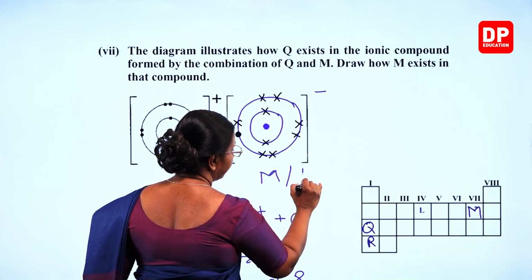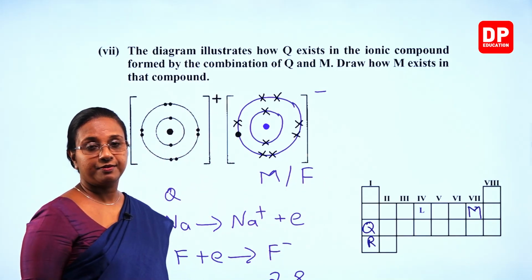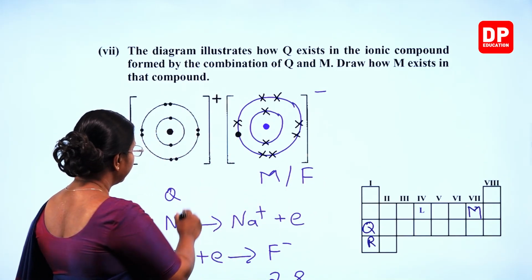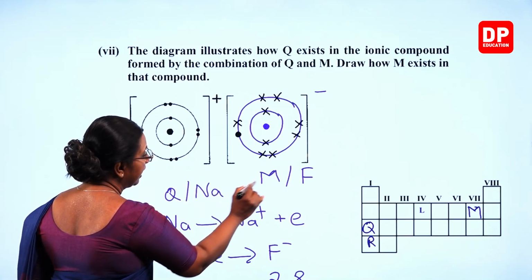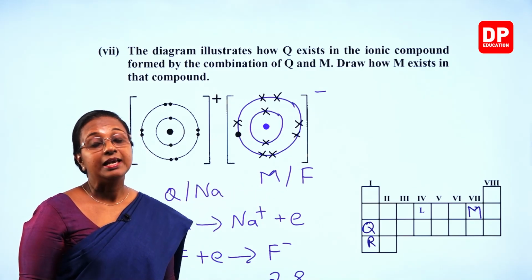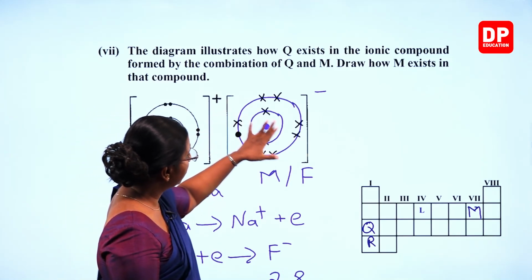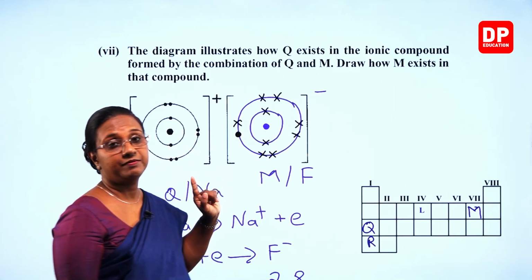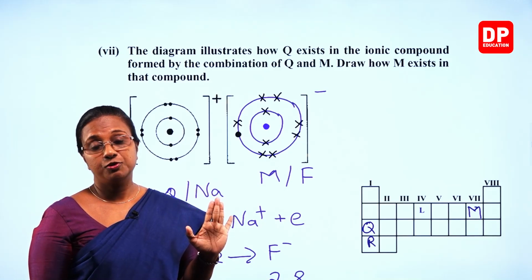So this you can even show as fluorine, F, because we already know Q is sodium and M is fluorine. Is that clear? If you draw all these and show the negative charge, then you will get full marks.